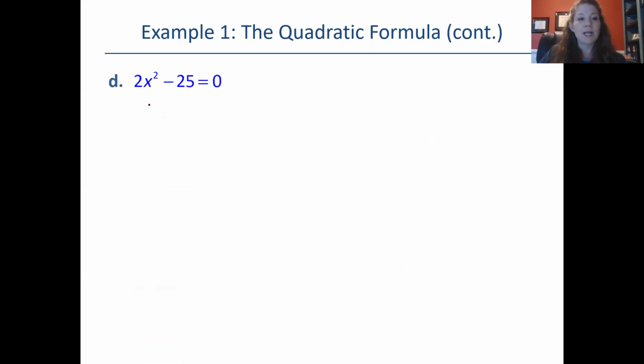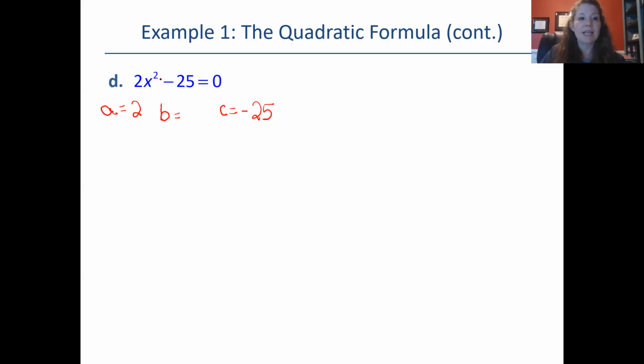All right, now on this one, we have an x squared and we have a constant. So we know that a is the number being multiplied by x squared. So our a is 2, and our constant is always letter c, so our constant is negative 25. So what is letter b? b is the number multiplied by x.